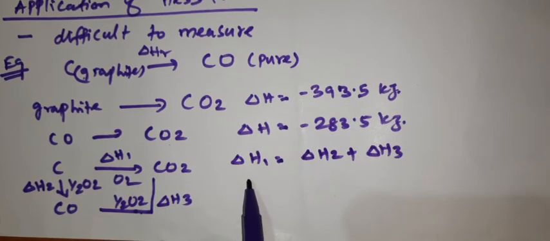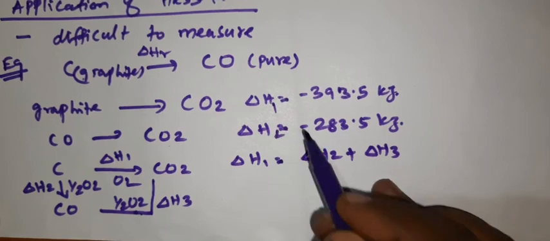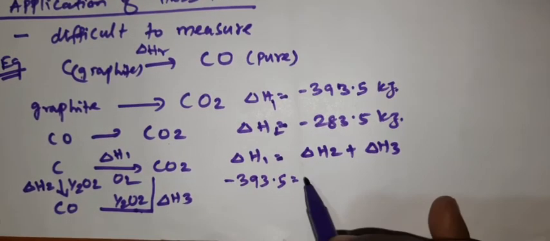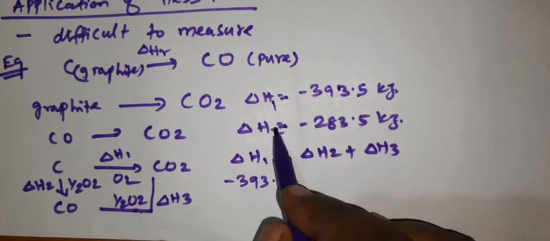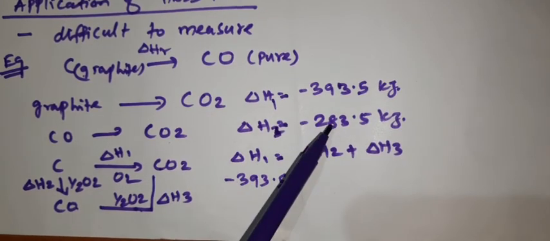Now substitute the values. We know this is delta H1, minus 393.5, equals delta H2 plus delta H3. Sorry, this delta H3 you can consider because the change of carbon monoxide to carbon dioxide is minus 283.5.